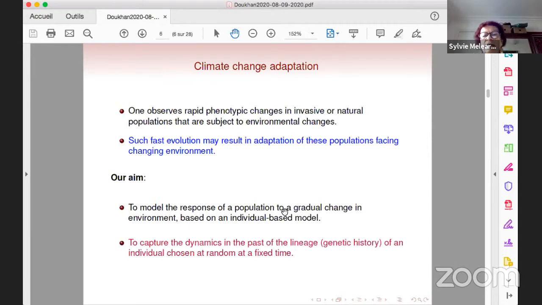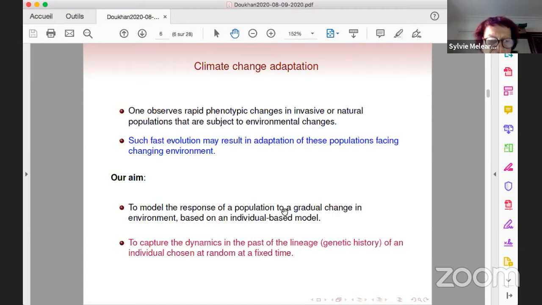So, as I said, our aim was to include in our model some environmental change. For example, ecologists have observed that there are rapid phenotypic changes in populations which are subject to environmental changes, and that such fast evolution may result in adaptation of these populations.